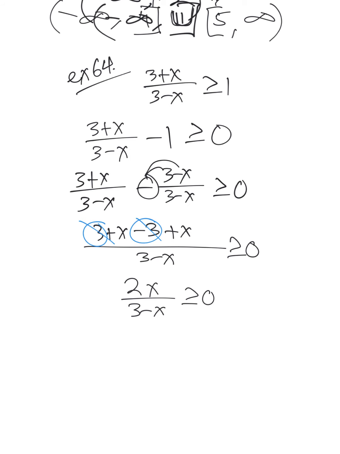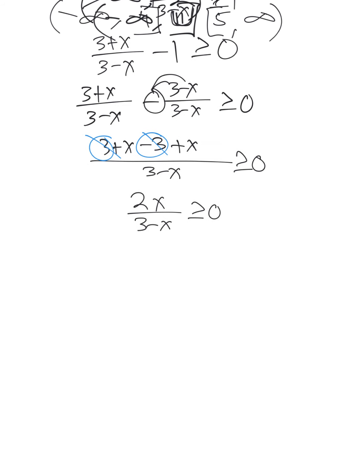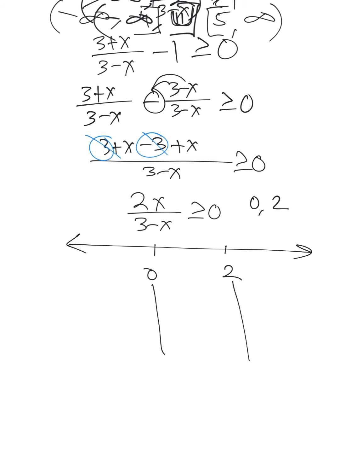Okay, so I'm going to move this up just a little here. Now I'm going to draw a number line. And our numbers are 0 and 2, so let's put those in order. We're going to make our chart.